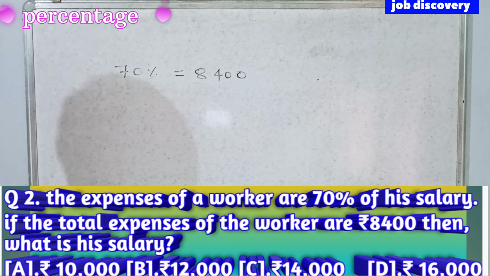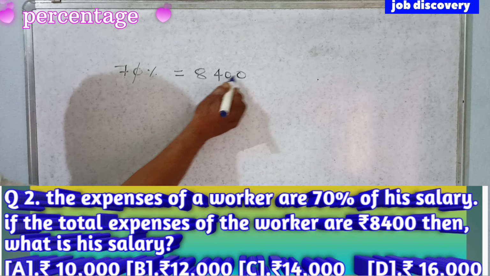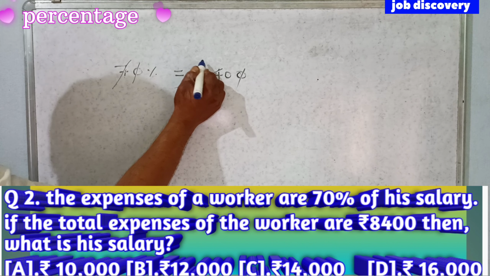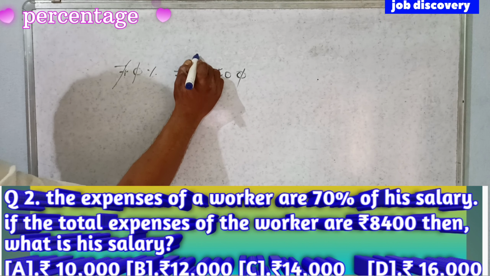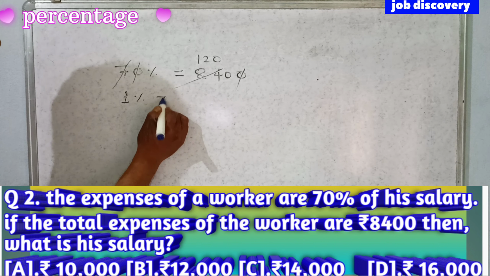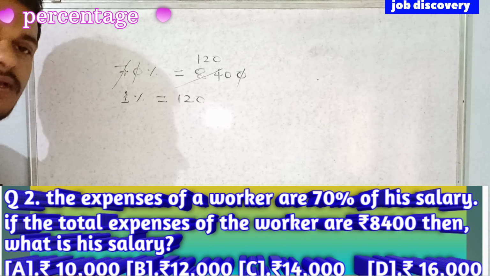Now see here, 70% is equal to 8,400. So 0 and 0 cancel. 7 12 times, 84, so 120. 1% is equal to 120. Our target is to find 100%.